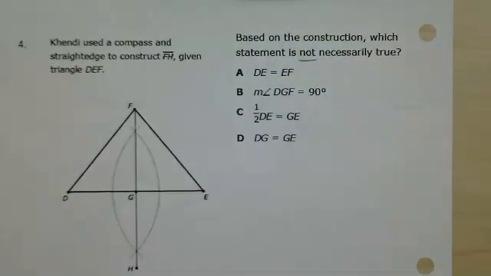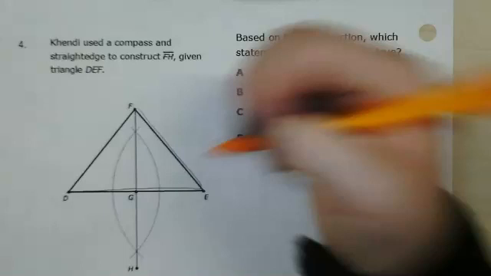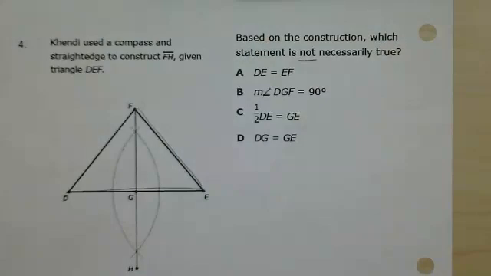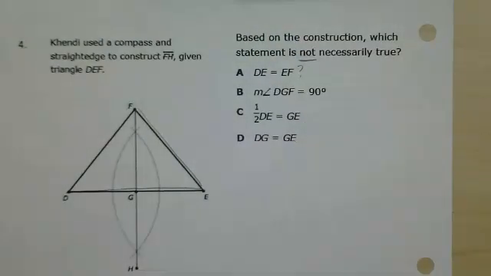So again, we're looking for something that could be false or is false. Okay. All right. So first it says that the segment DE, which would be this entire side here, is equal to side EF. So do we know that for sure? Okay, so this one's looking like a potential answer, right?